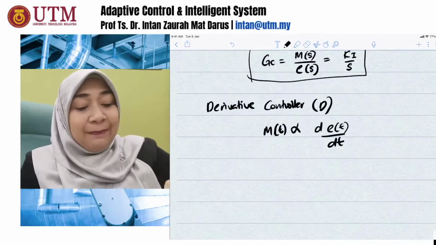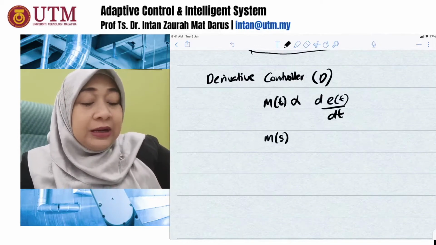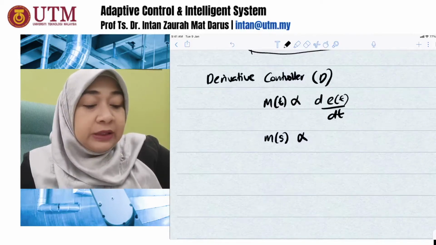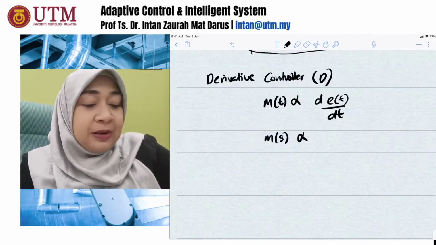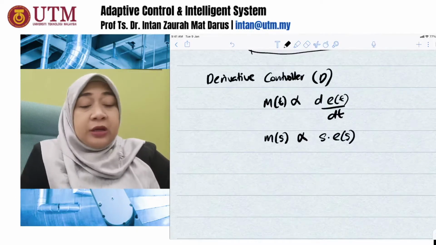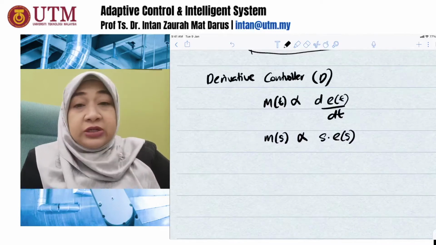If I take the Laplace transformation, m(t) becomes M(s), and de over dt becomes s multiplied by E(s), considering all the initial conditions are 0.